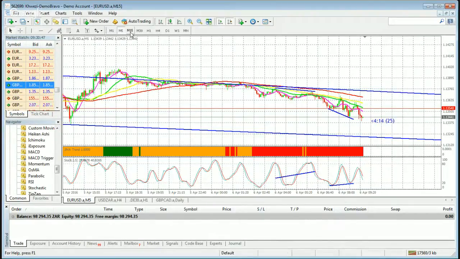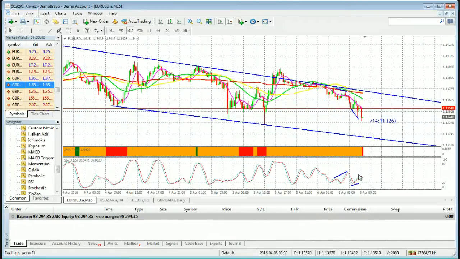I'd wait for it to be a little bit lower at this point in time. The only reason being is you can see the 15 down now.